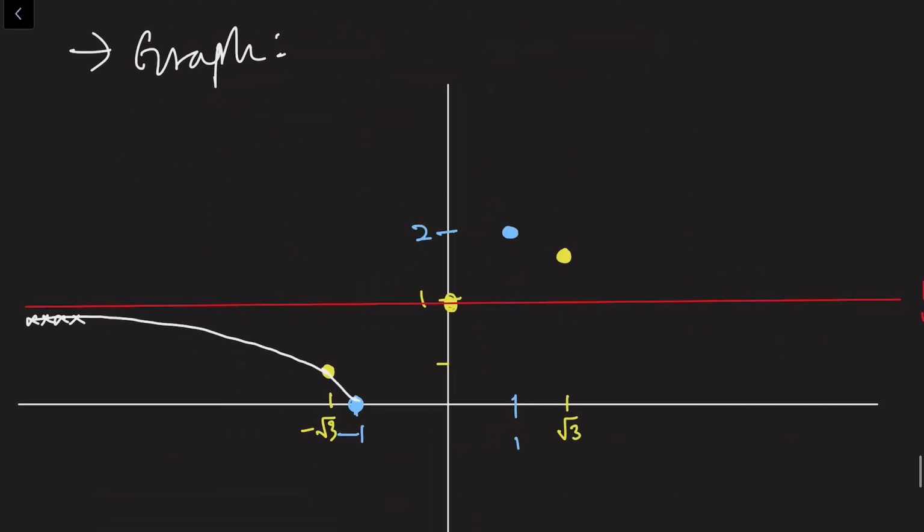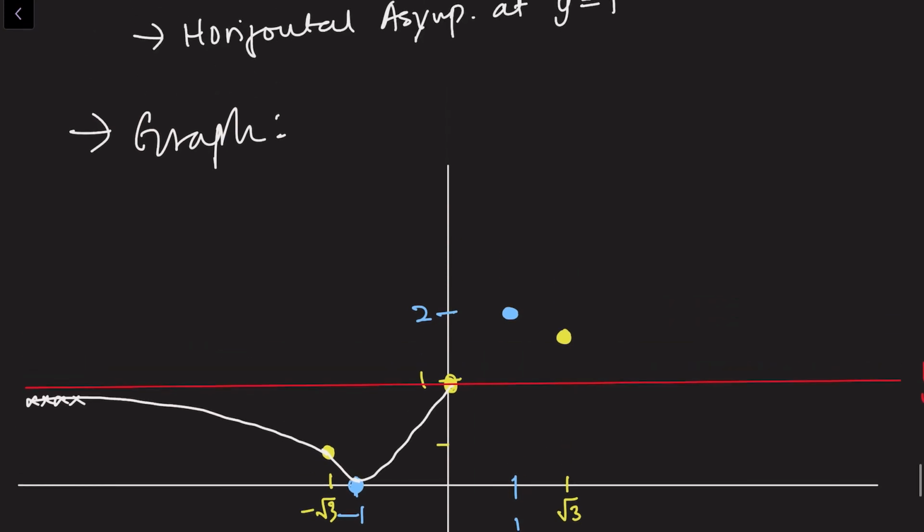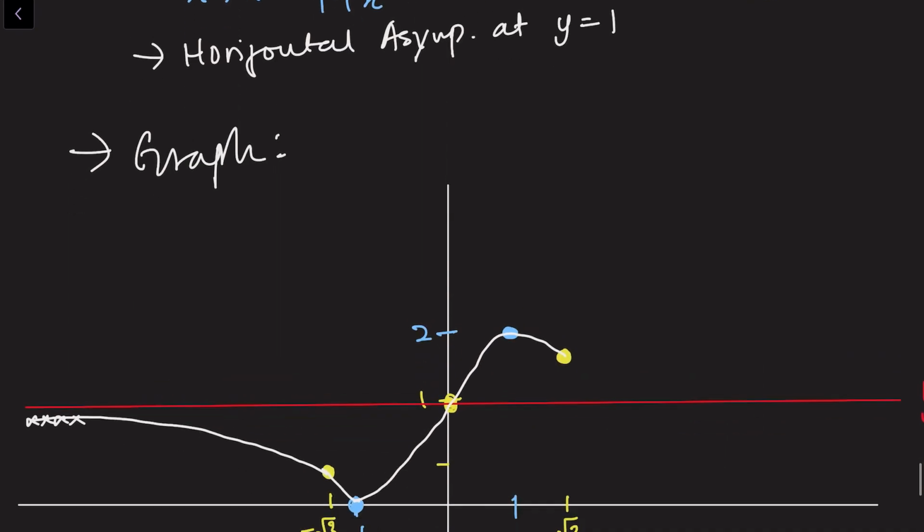Concave up, then increasing. Then after 0, 1, it is concave down but still increasing, and like this. After 1, 2, it is concave down and decreasing.